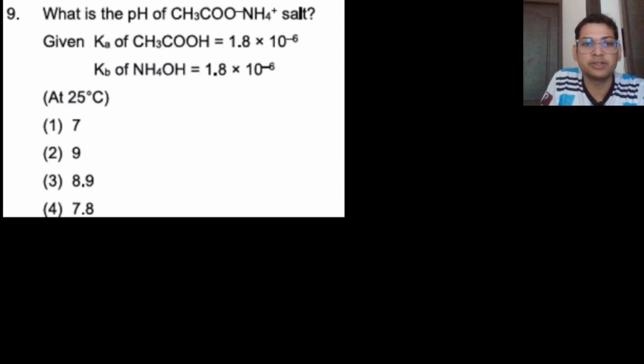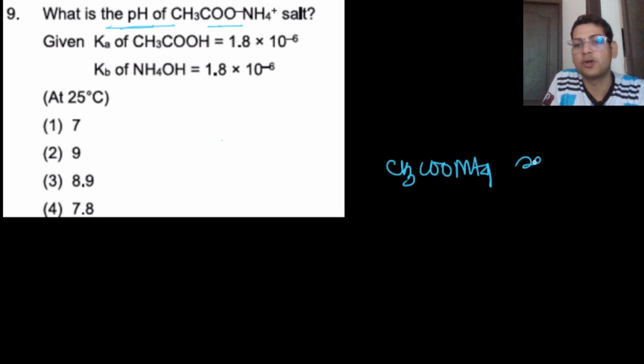Sir, this question can be a difficult one, but they have made it in a very easy way. What is the pH of CH3COONH4 salt? So for salt pH, you have to use this formula.